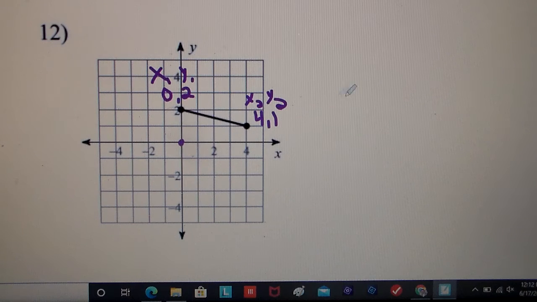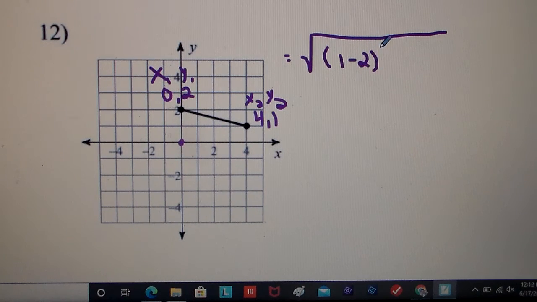I like labeling it just to help identify what is what. I recommend you do the same. So you do square root, y2, which is 1, minus y1, which is 2, squared, plus x2, which is 4, minus x1, which is 0.